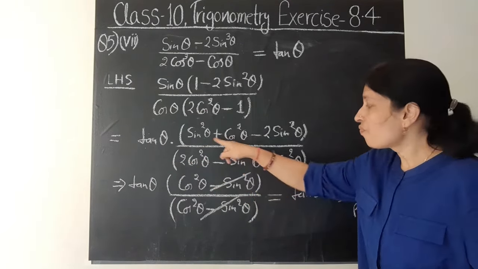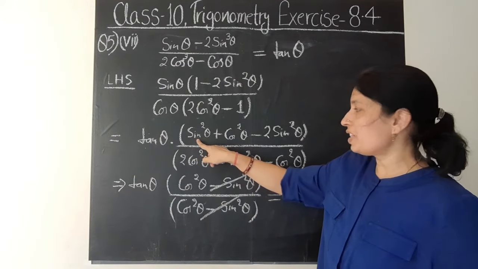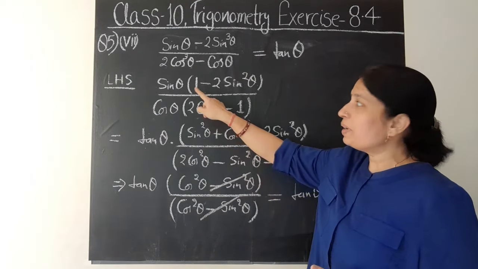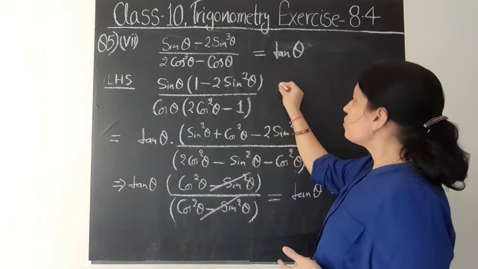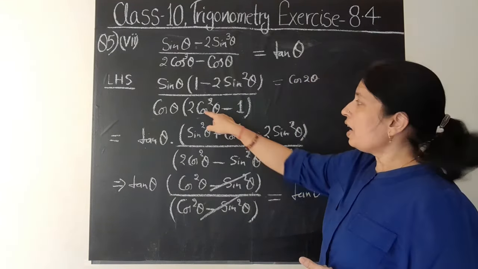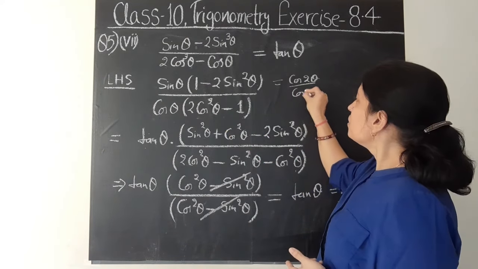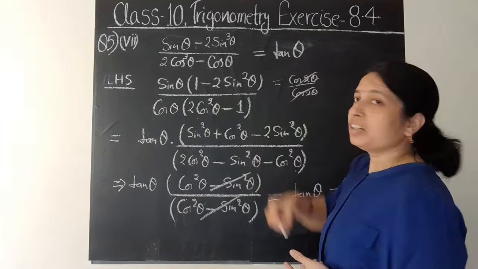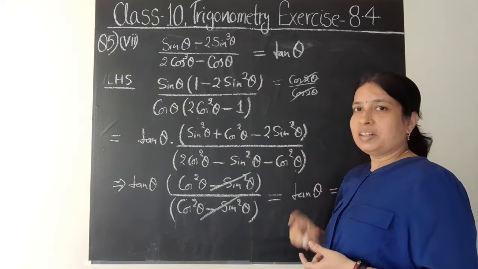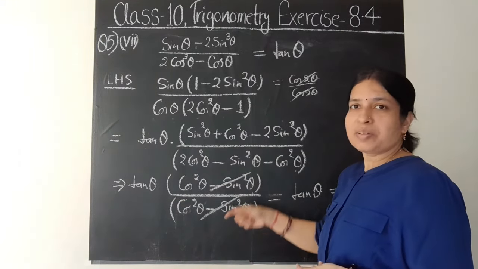So you will do it like this, because in class 10th it is only given that sin square theta plus cos square theta is 1. It is not given that 1 minus 2 sin square theta is cos 2 theta, and 2 cos square theta minus 1 is also cos 2 theta. But you solve in the way your class method is given, so solve like that.